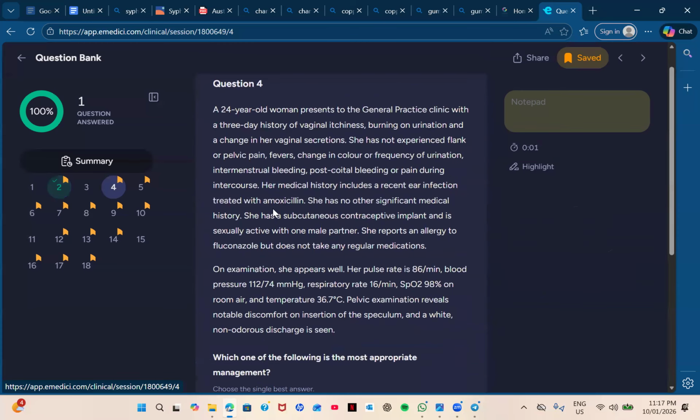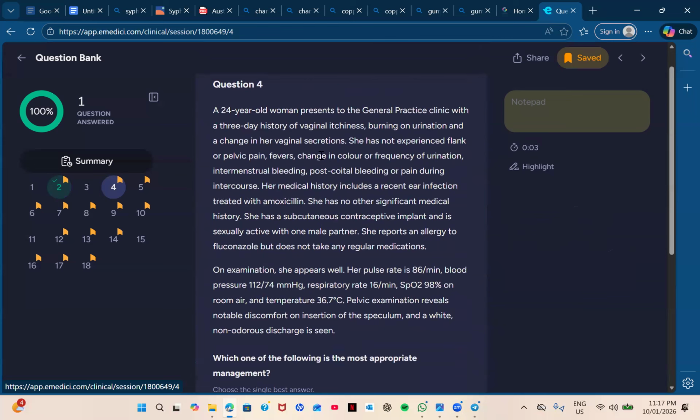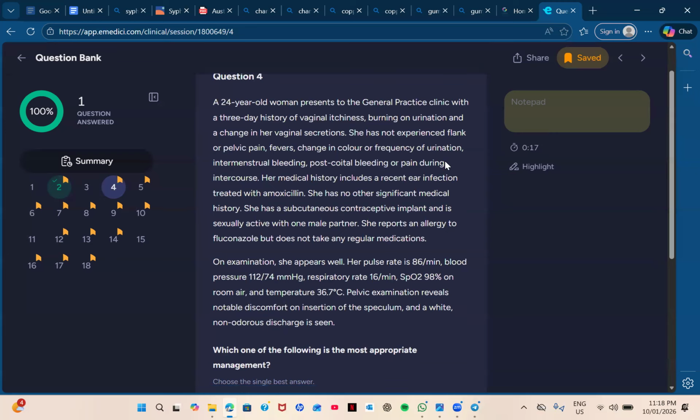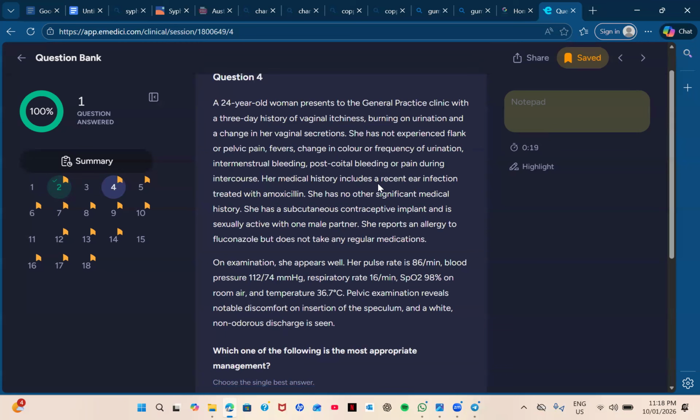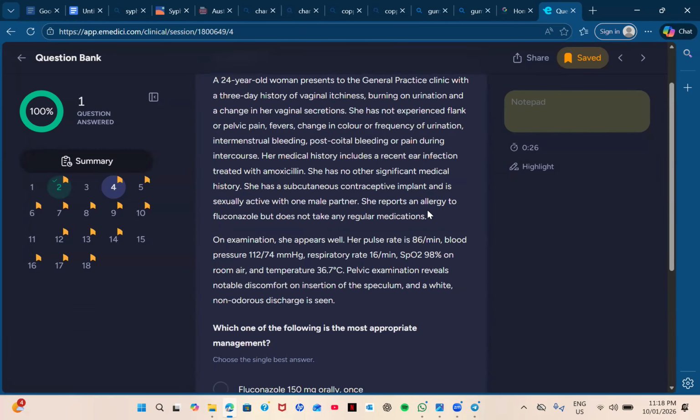So the next one is a 24-year-old woman presenting to the GP practice with a 3-day history of vaginal itchiness, burning on urination and a change in her vaginal secretion. She has not experienced flank or pelvic pain, fever, change in color or frequency of urination, intermenstrual bleeding, postcoital bleeding, or pain during intercourse. Her medical history includes a recent ear infection treated with amoxicillin.